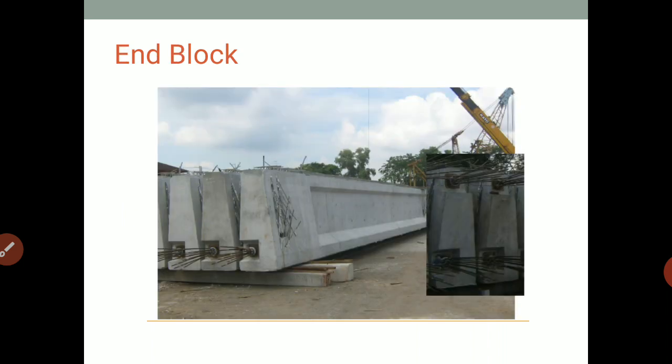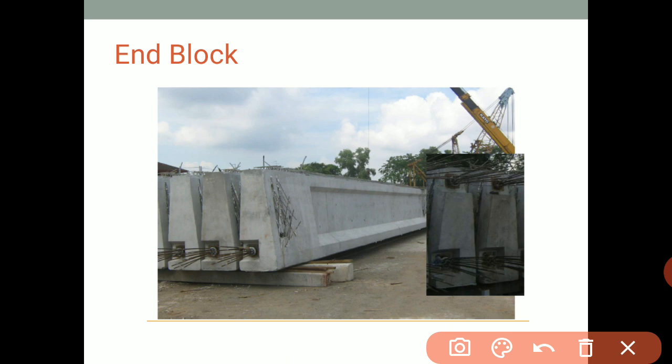Just see, this is one pre-stressed girder or pre-stressed beam which is cast. Now here what I have marked is the end block. This is the beam part, and this part over here is the end block.